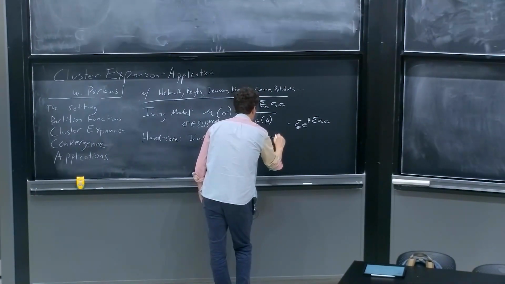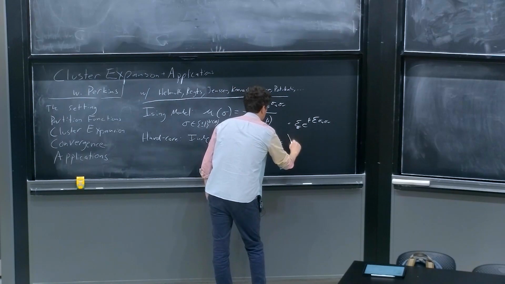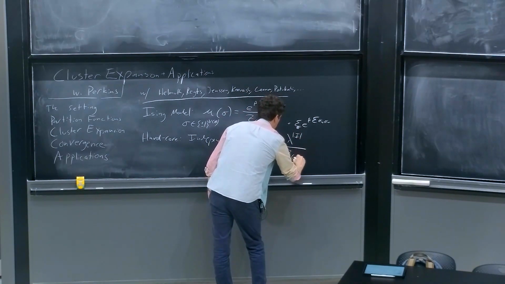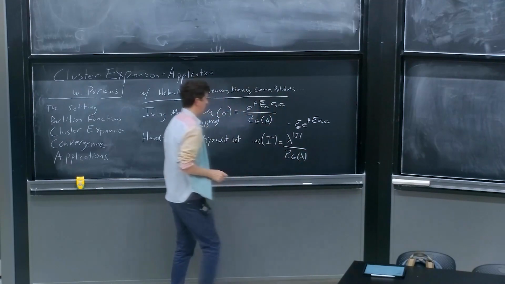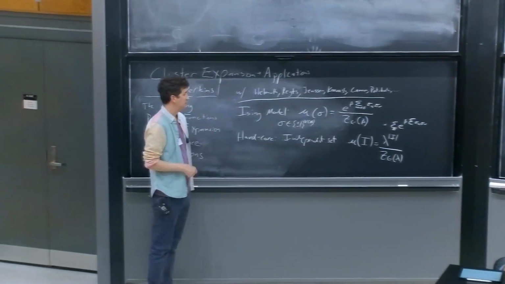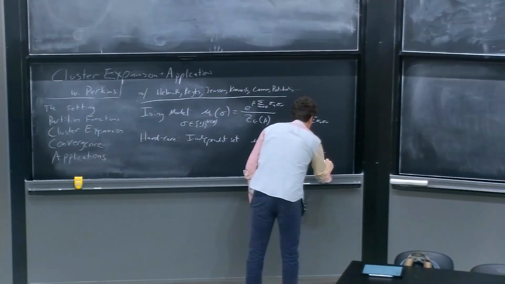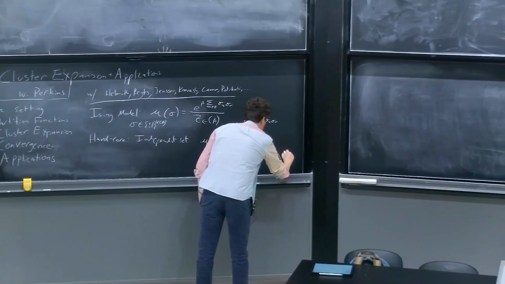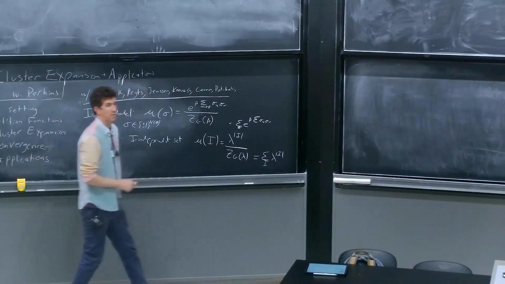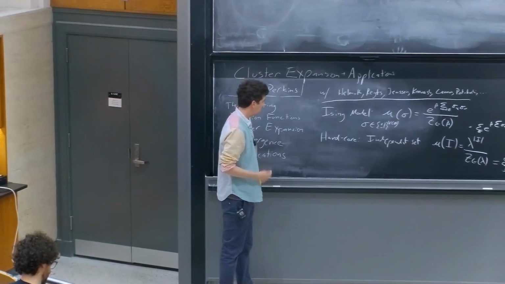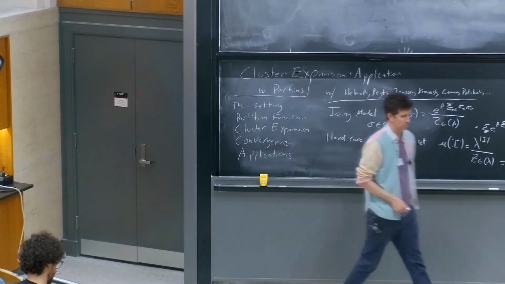So mu of I is lambda to the size of I divided by the normalizing constant. The normalizing constant, this you maybe have seen, is the independence polynomial of the graph G. So these are the two models we'll mainly focus on.